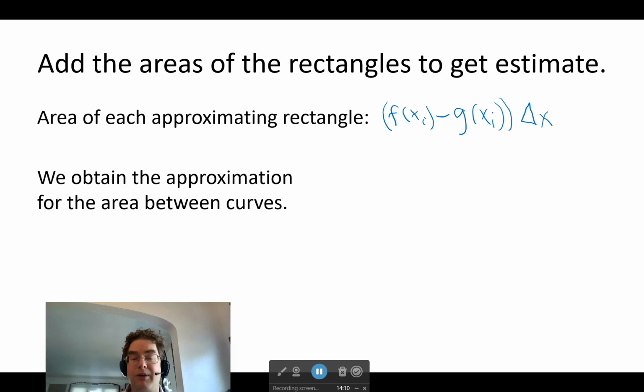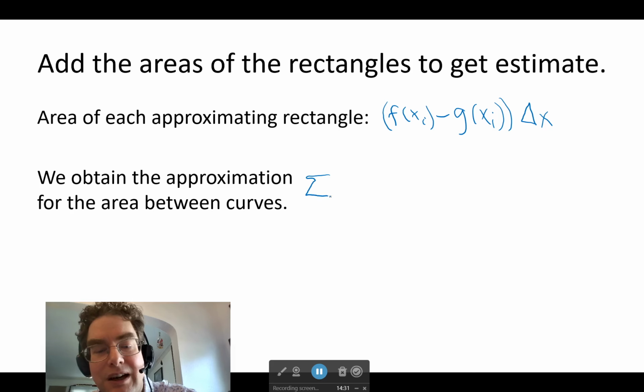Okay, so what if we want to get an approximation for the area of that entire region R between those two curves? Well, to get that, we add up the areas of our approximating rectangles. And as you know, we can do that, get a Riemann sum in here. So let's do that.